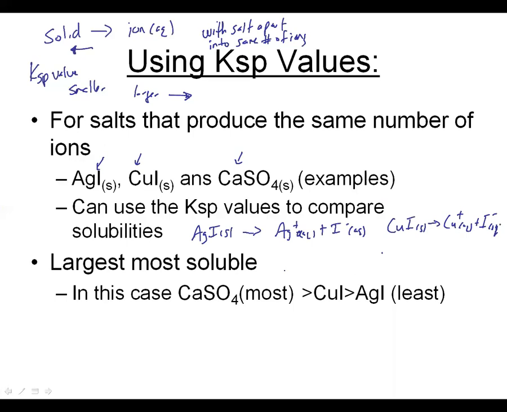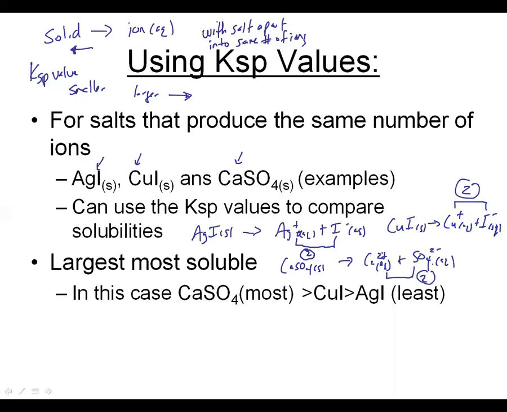And when calcium sulfate breaks apart, it breaks apart into a calcium ion and a sulfate ion. What we mean by the same number of ions is pretty simple. We get 1 silver, 1 iodide, a grand total of 2 ions. 1 copper ion, 1 iodide ion, that is 2 total ions. 1 calcium, 1 sulfate, that's also 2 ions.